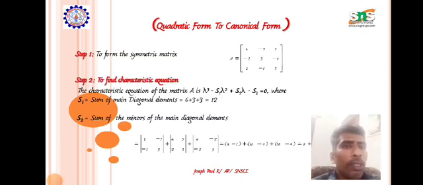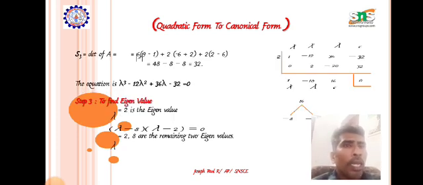Then, as we already discussed, we find the characteristic equation. Because the matrix A is a 3 by 3 matrix, the equation is lambda cube minus S1 lambda square plus S2 lambda minus S3 equals 0. S1 is the sum of the diagonal elements, S2 is the sum of the minors of the diagonal elements, and S3 is the determinant of A. After substituting the values of S1, S2 and S3, the characteristic equation is lambda cube minus 12 lambda square plus 36 lambda minus 32 equals 0.